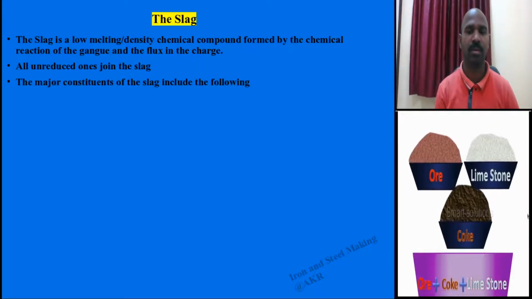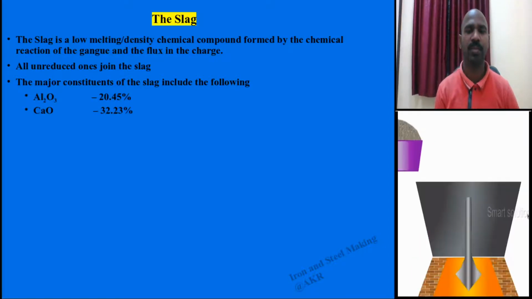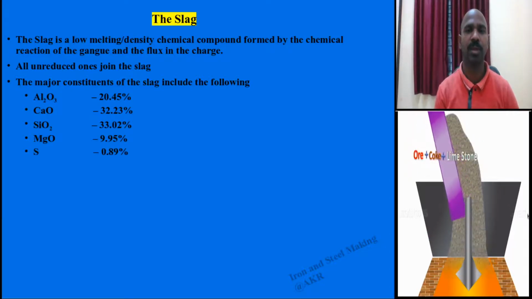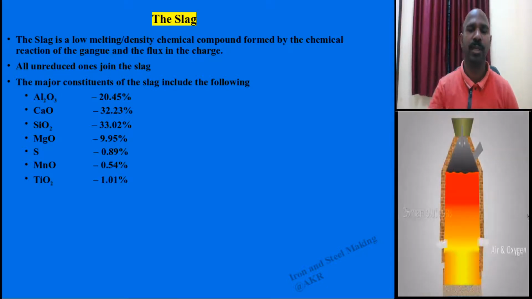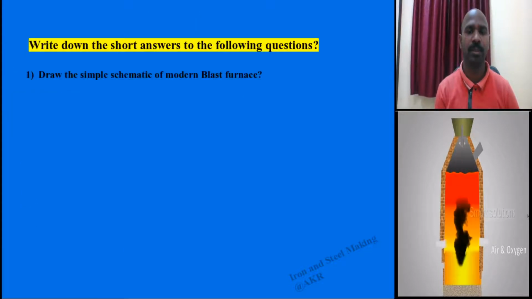The major constituents of blast furnace slag are Al2O3 20%, CaO 32%, SiO2 33%, MgO 9%, sulfur 0.8, MnO 0.5, titanium oxide 1%, FeO 0.4, K2O and Na2O 1%, other oxides 0.5. The reference is taken from the Tata Steel blast furnace iron production process.